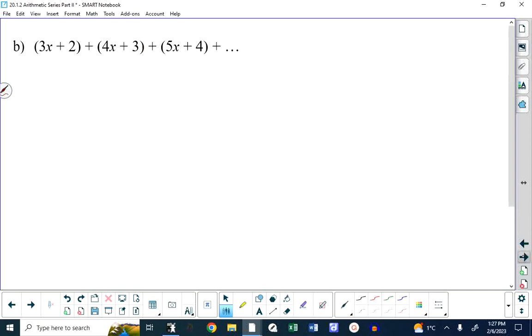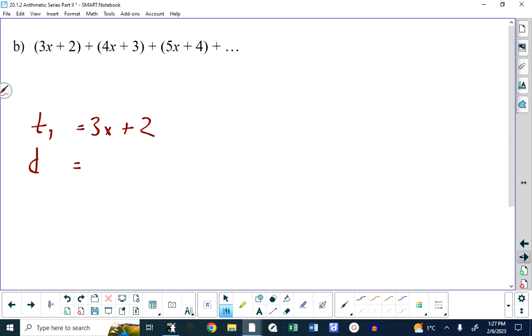Okay. What's the first term? The first term is 3x plus 2. What's the common difference? What am I adding to the first term to get the second term? What am I adding to the second term to get the third term? Do you know? x plus 1, sure.